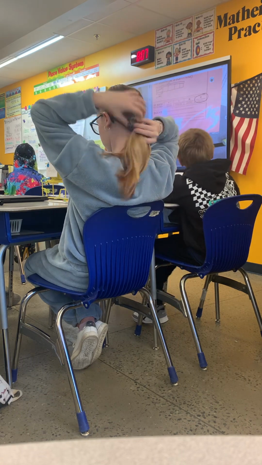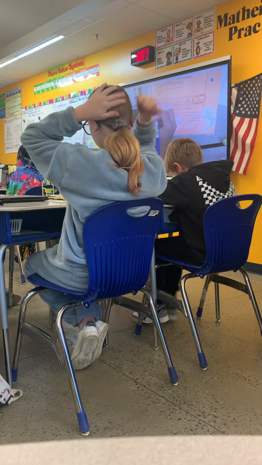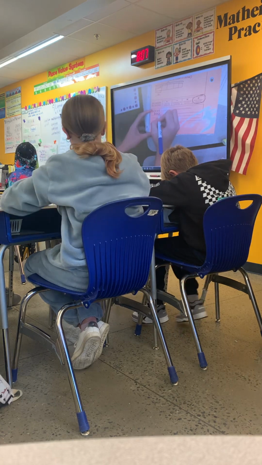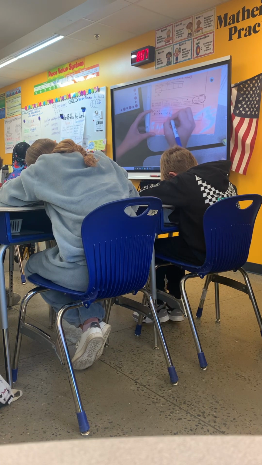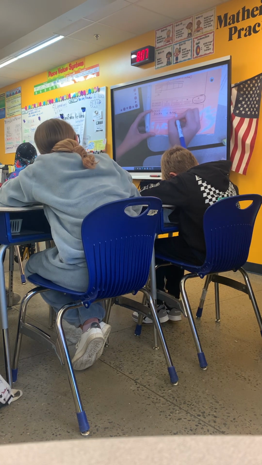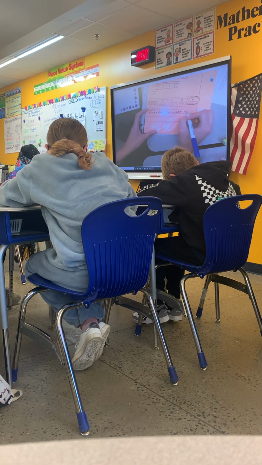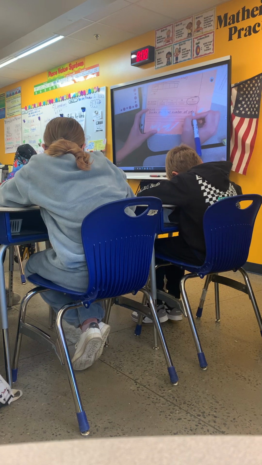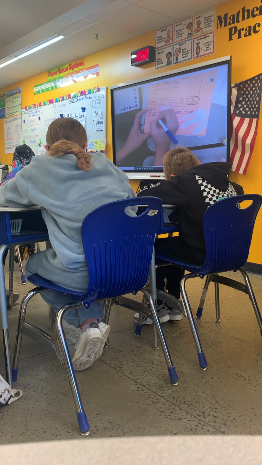Fabric. So we're going to say divide the total number of yards of fabric by what?